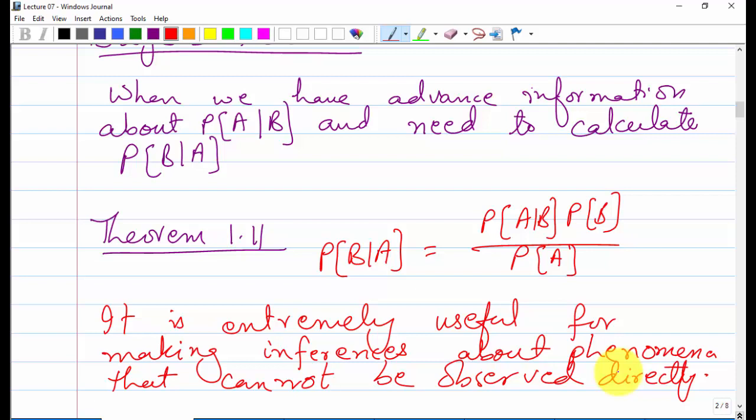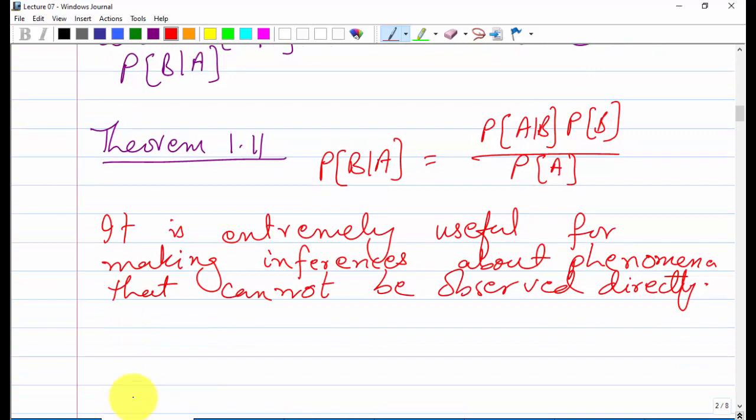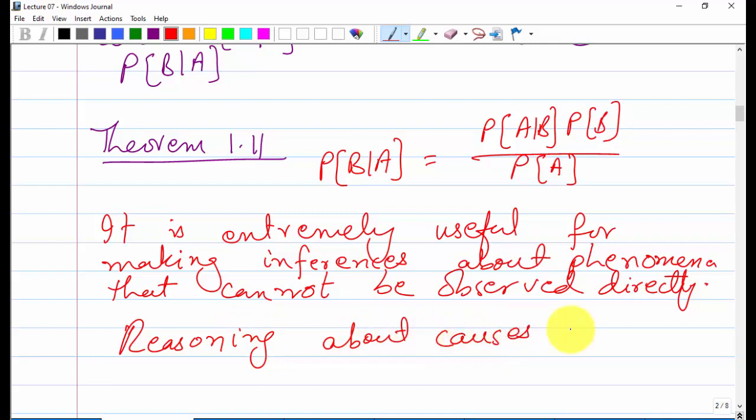Sometimes these inferences are described as reasoning about causes when we observe effects.